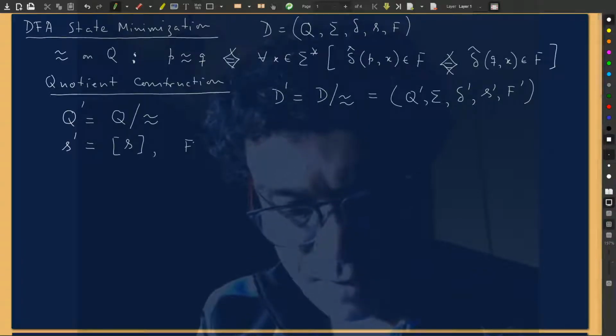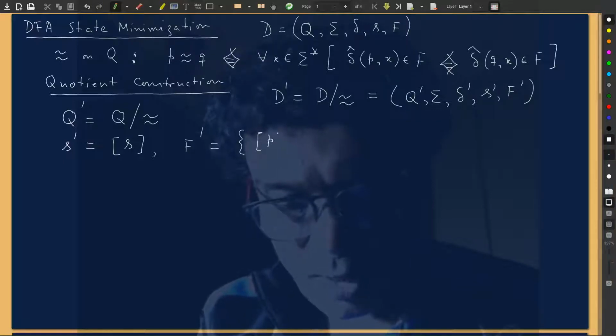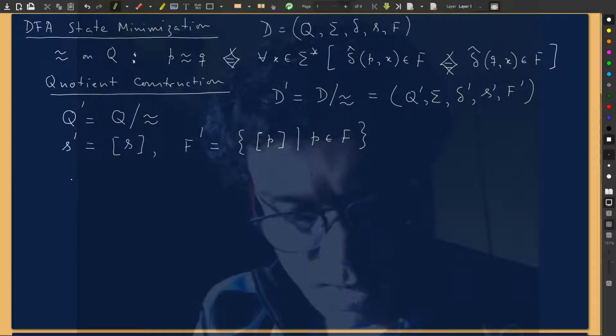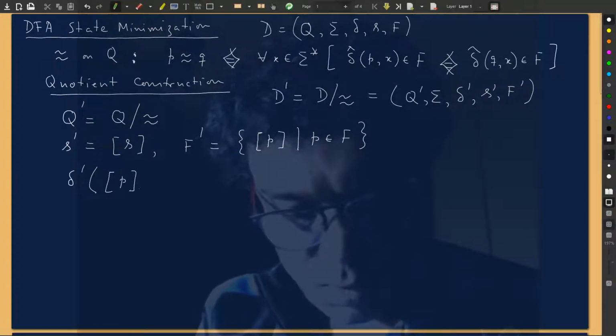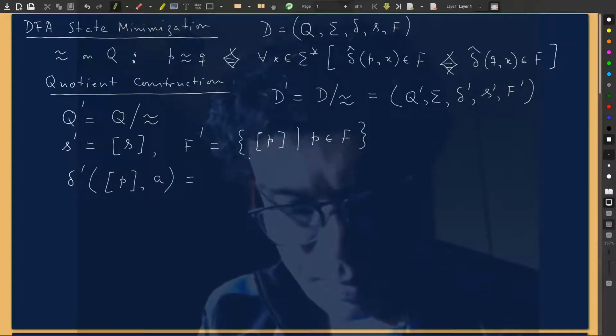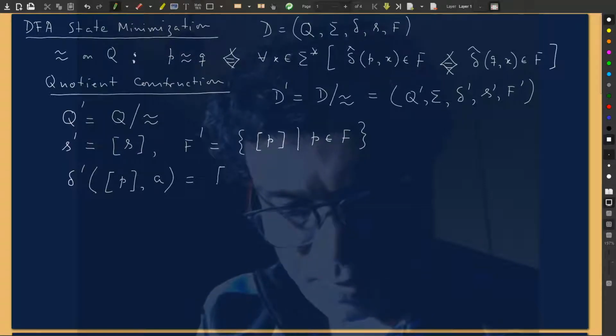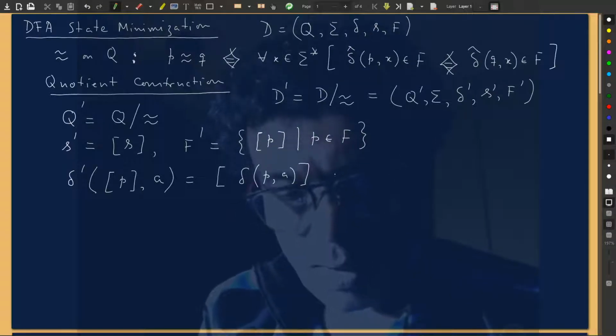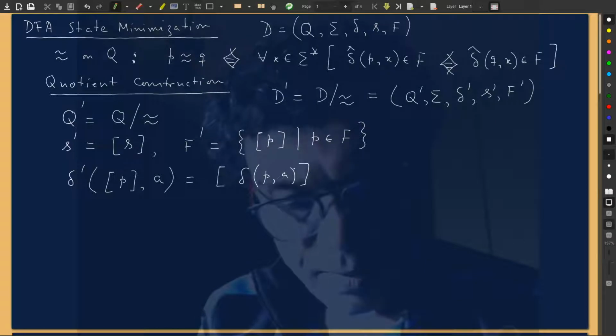Set of final states we have defined to be the equivalence classes of final states in the original machine, and delta prime on an equivalence class P for an input symbol A is defined as the equivalence class of delta PA, and we have seen that this can be done in a safe and consistent manner.